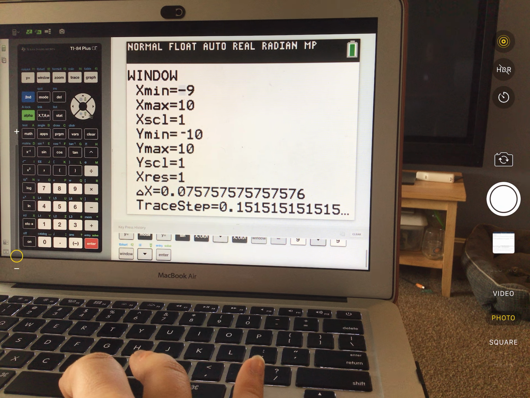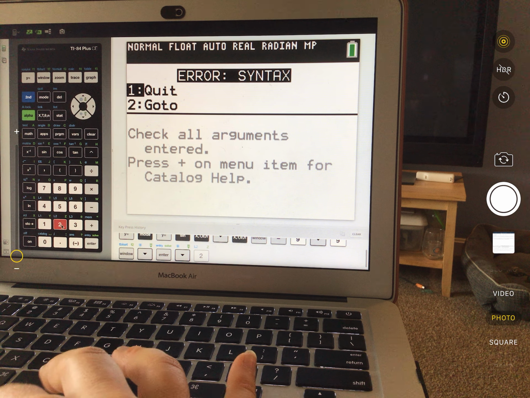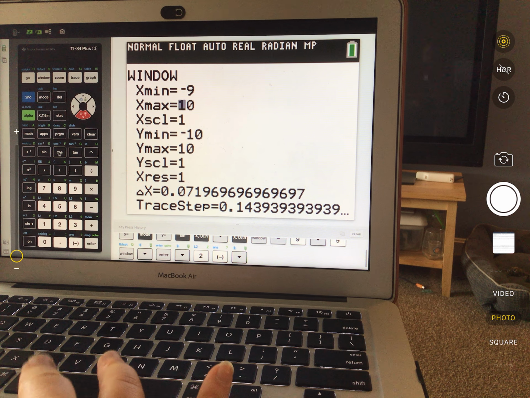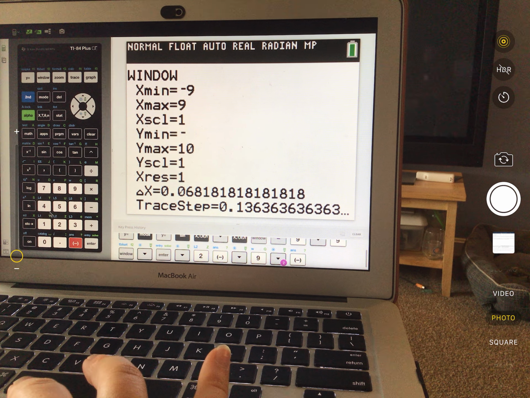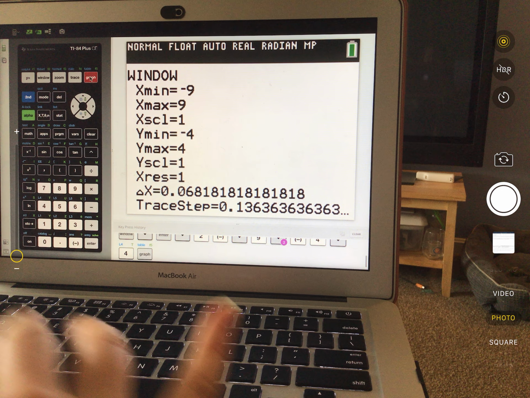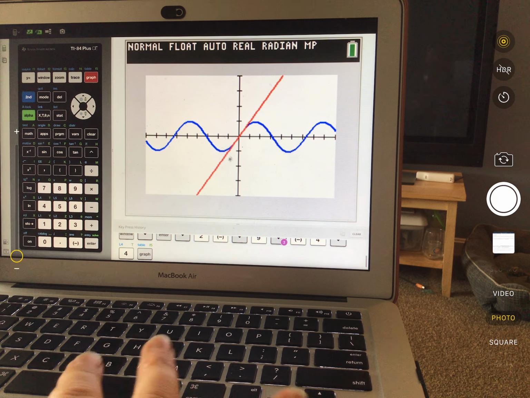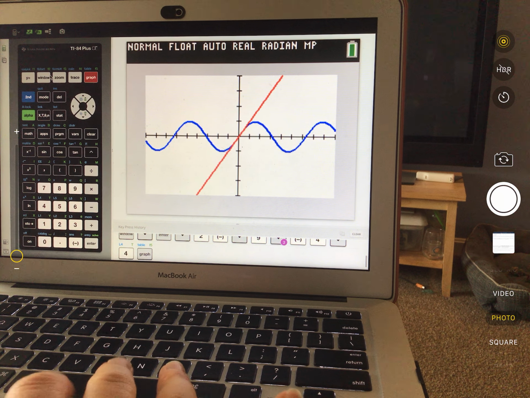Okay, I used the minus key. I forgot I am using, there we go. Got to use my actual keyboard here. So we're going to go to 9, and then -4 to 4.